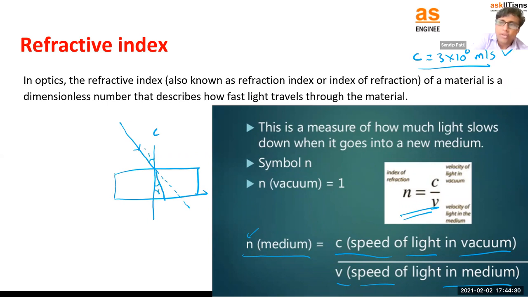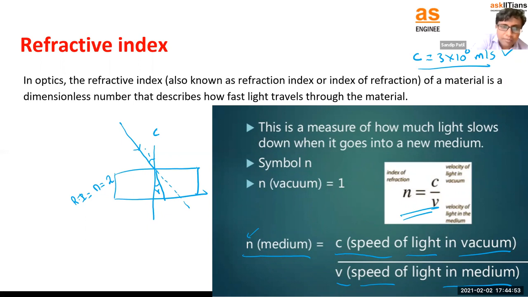Now tell me, if this material has the refractive index, denoted by n, sometimes also denoted by RI, refractive index, and let's say it is 2, then what will be the velocity of light inside that material medium or that glass?